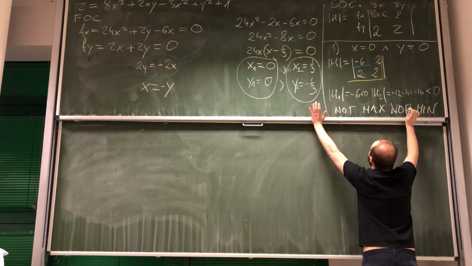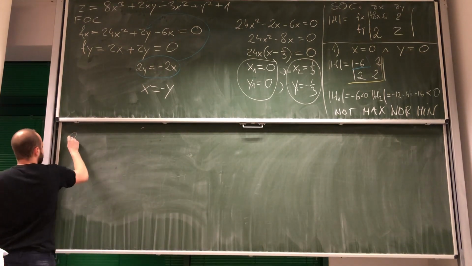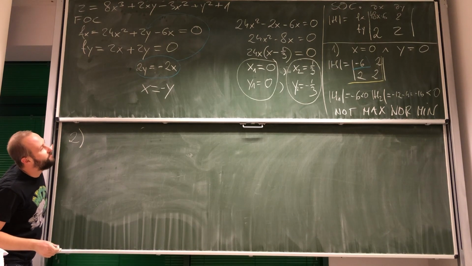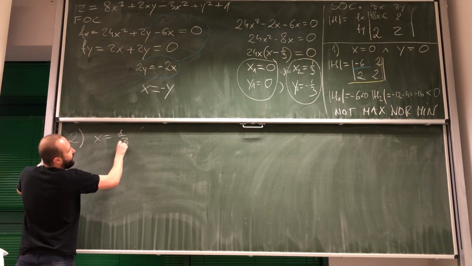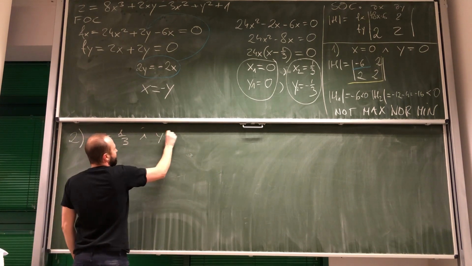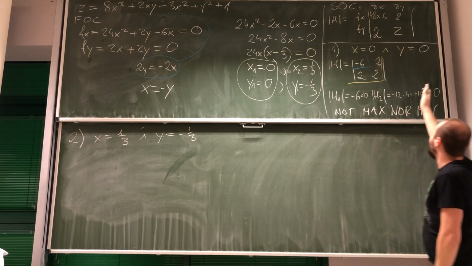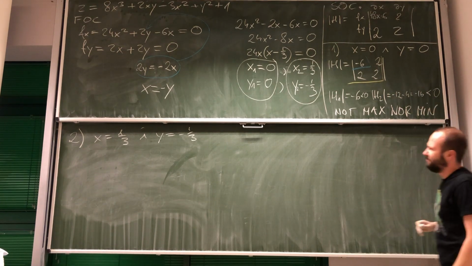Okay, now let's consider case number 2. In case number 2, we've got x equal to 1 over 3 and y equal to negative 1 over 3. Okay, and now look, actually the only thing I need to change here is the first element in the Hessian, right?